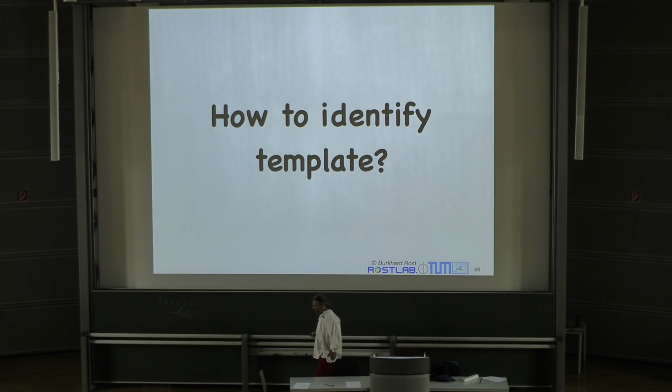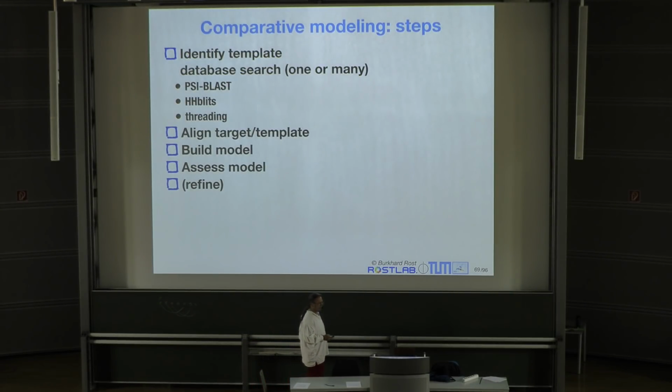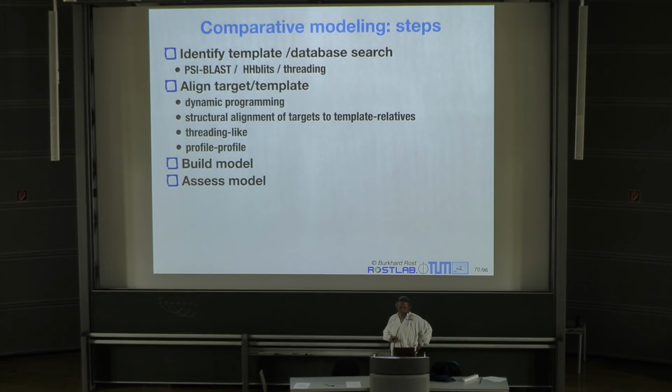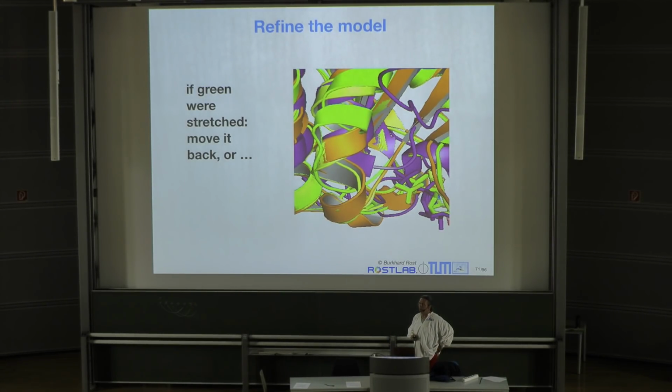How do I identify which protein it fits to? That is again done through this alignment. You find something that is similar enough, and there's a variety of methods you can use for that: PSI-BLAST, HHblits, or more refined methods, profile comparisons, and then essentially you build the model. Building the model, the simplest way of doing that, and given the time I will just leave it there.